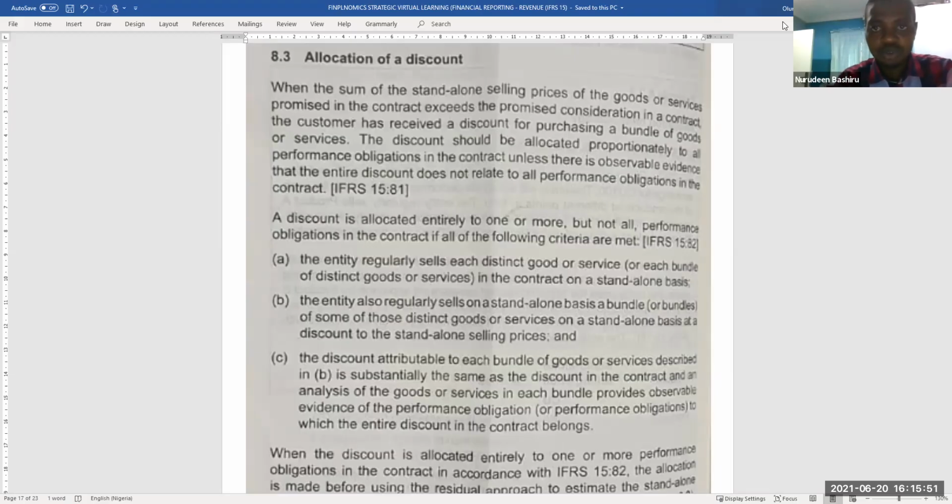This discount should be allocated proportionately to all performance obligations in the contract, unless there is observable evidence that the entire discount does not relate to all performance obligations in the contract. IFRS 15, paragraph 81. A discount is allocated entirely to one or more, but not all, performance obligations in the contract if all of the following criteria are met.